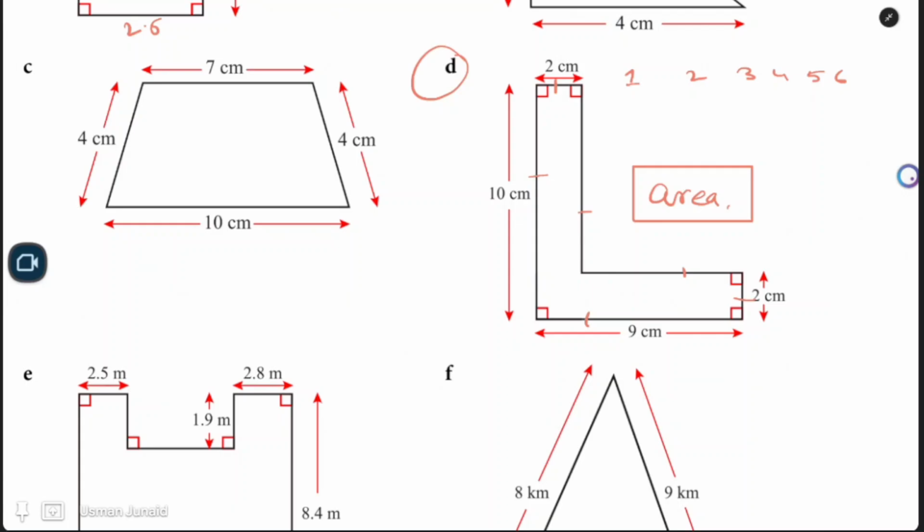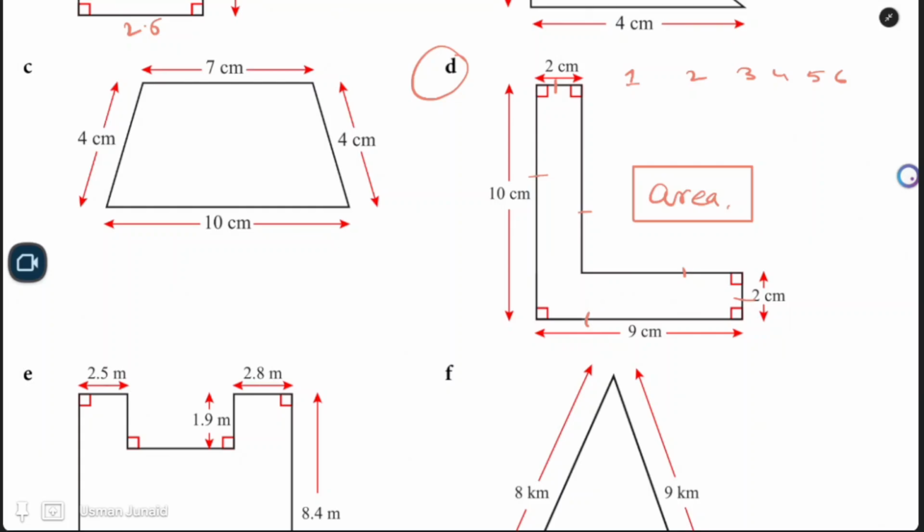So the perimeter is 38. Yes. And what's the area? I'm still finding it.